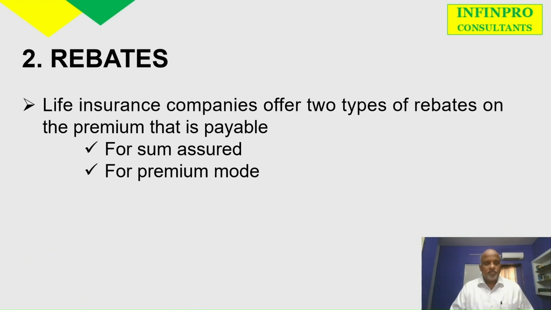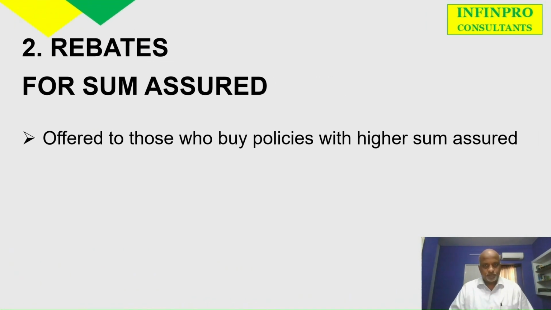First one was premium. Now we will look at rebates. Life insurance companies offer two different official legal rebates to the customers. Rebates are nothing but sharing the profits made with the customer. So rebates are of two types, either based on the sum assured or based on the premium mode. If somebody takes a higher sum assured, he gets a rebate. Why is this being given?